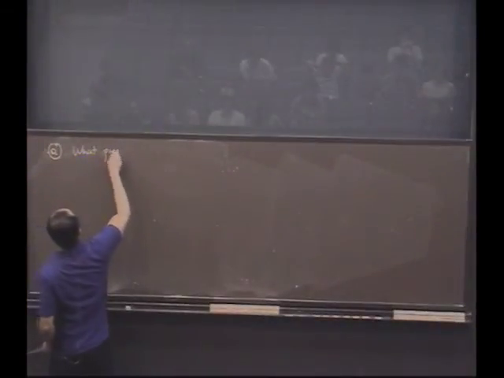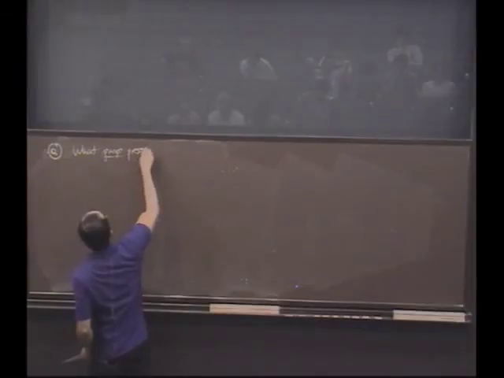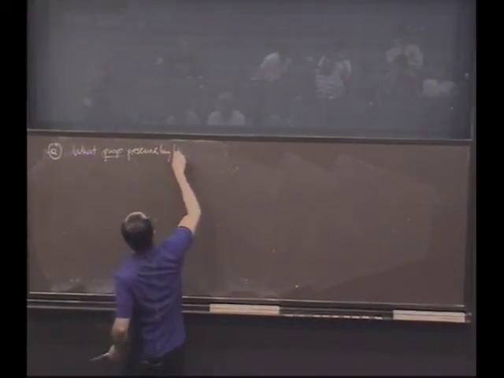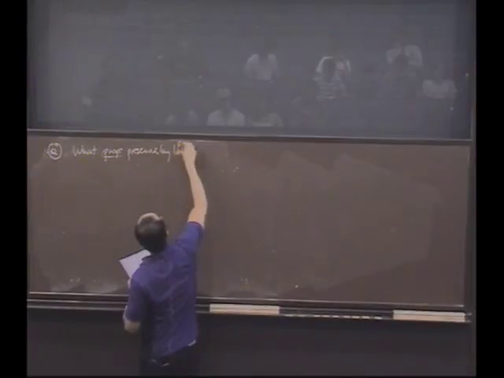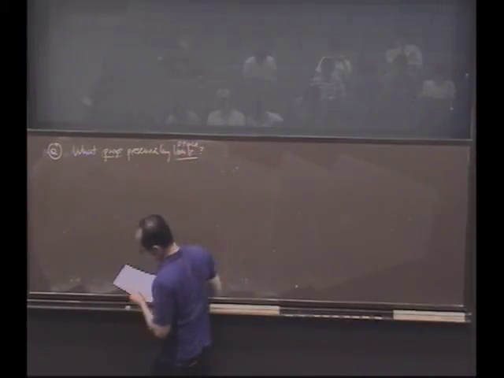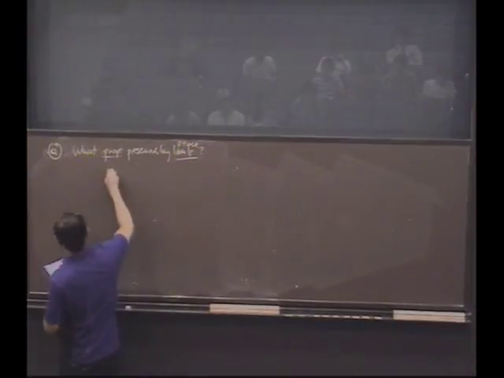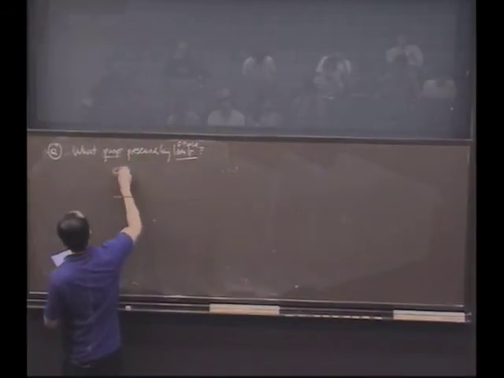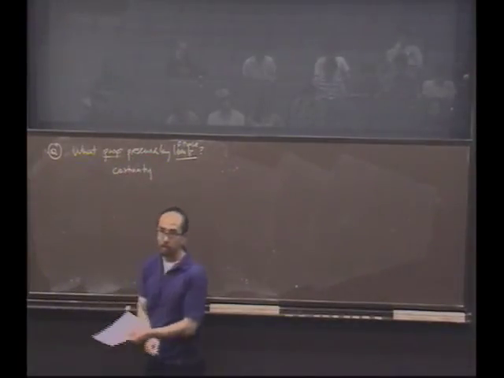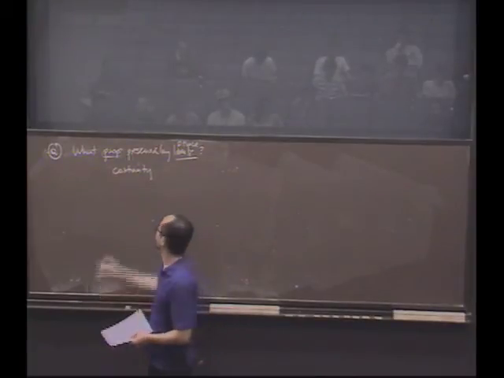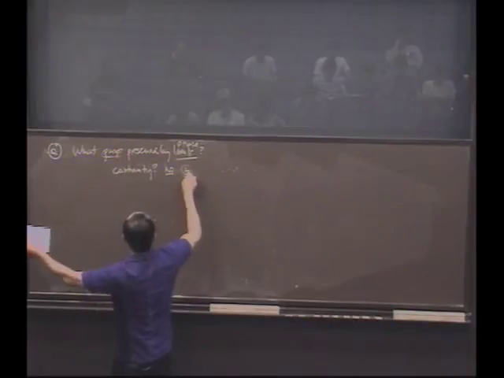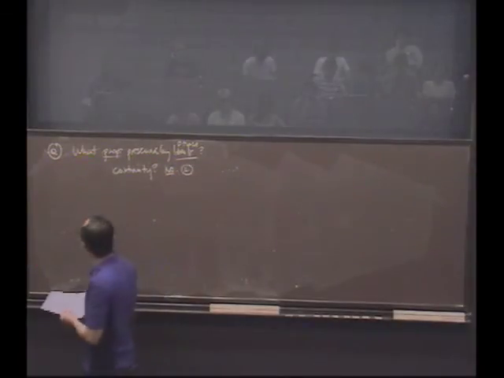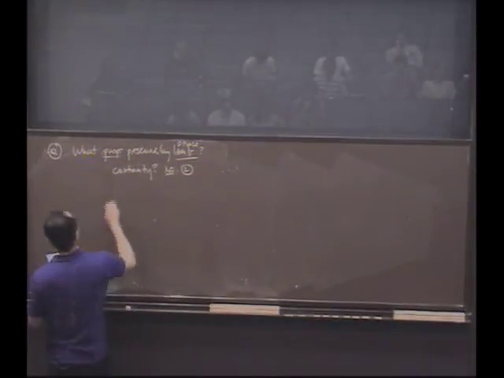What properties are preserved by limits? By pointwise limits. For instance, is it true that the pointwise limit of continuous functions is continuous? No. Why? See example 2.